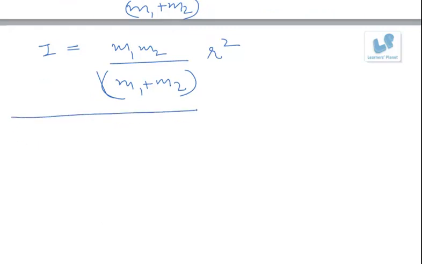Now we have to apply Bohr's principle of quantization of angular momentum. That means angular momentum L, which is given by I omega, is equal to nh upon 2 pi.